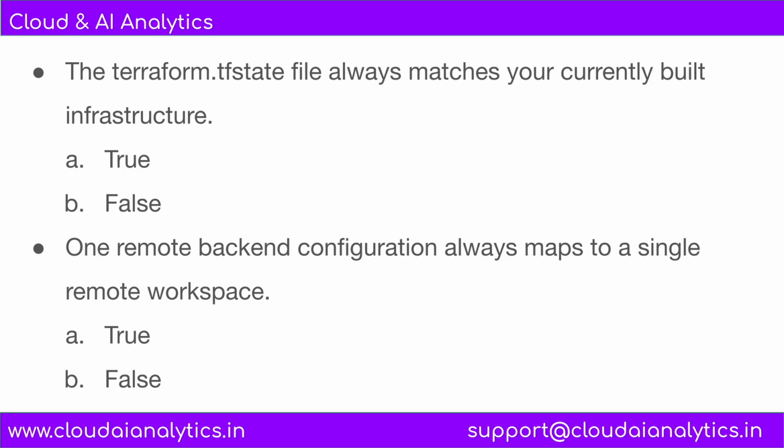Inside workspaces, you can give the actual name of the workspace or even the prefix of the workspace name you want to work with. So using this, you can map Terraform's remote backend configuration to multiple remote workspaces within a single configuration file. So the right answer is false.